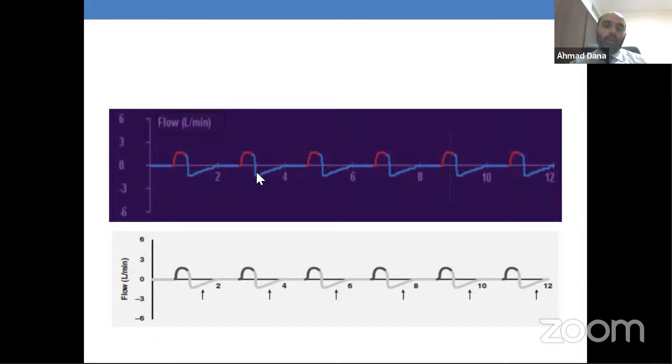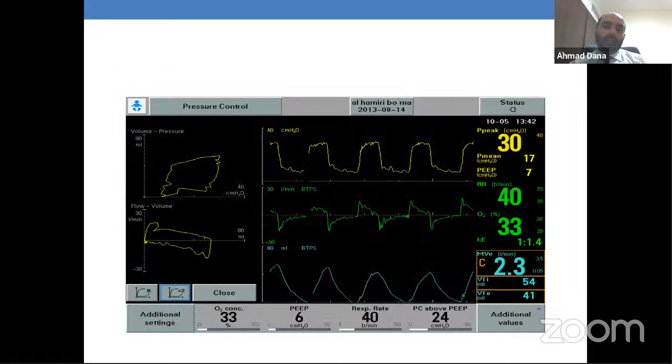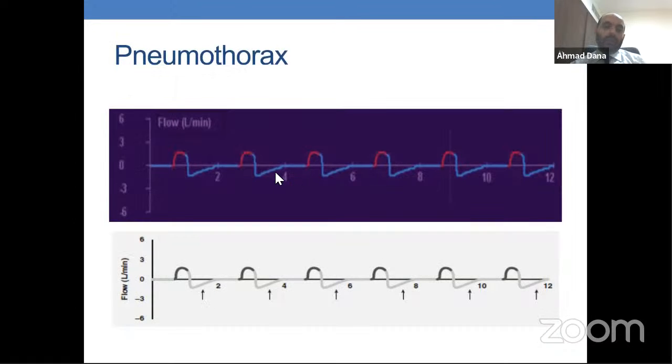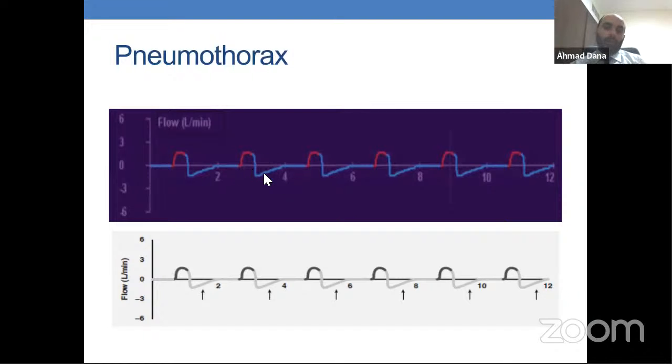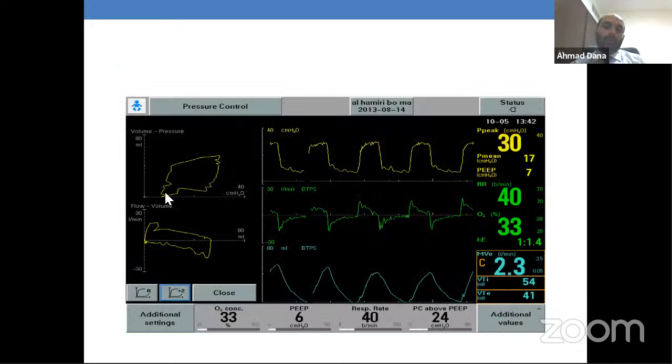Or in this case, you have thick secretions. If there's increased resistance, it was not there, it was coming down nicely. Now it is coming very steep. So this is increased secretions. Sorry, this is the case of the pneumothorax because of the loss of the flow. And this is the situation where you have the secretions.